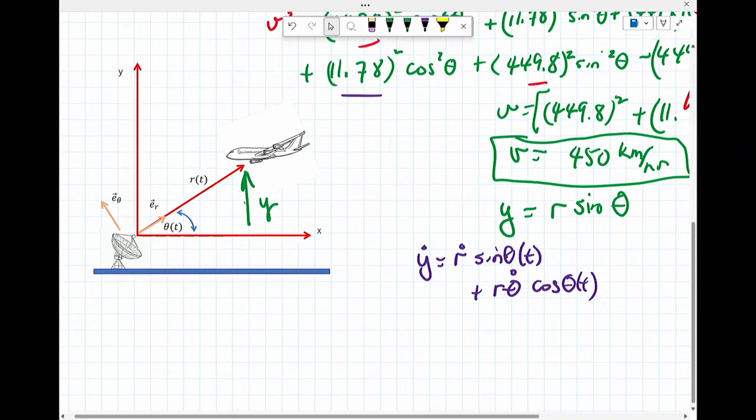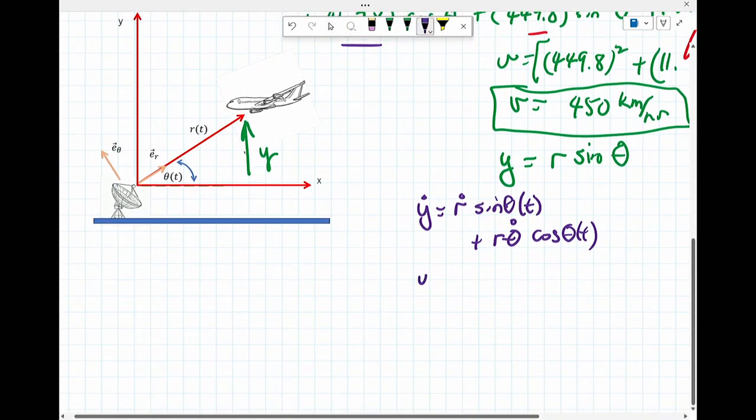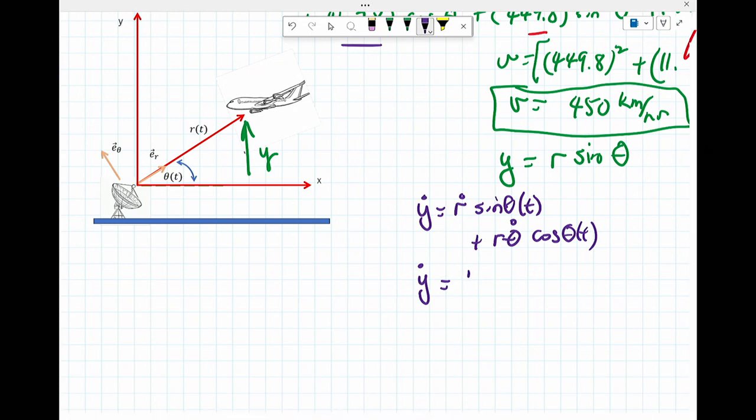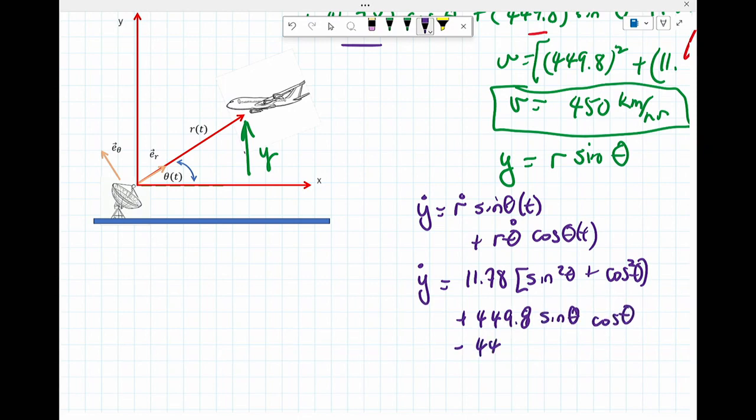So y dot is equal to 11.78 sine squared theta plus cos squared theta plus 449.8 cos and sine minus 449.8 sine theta cos theta.